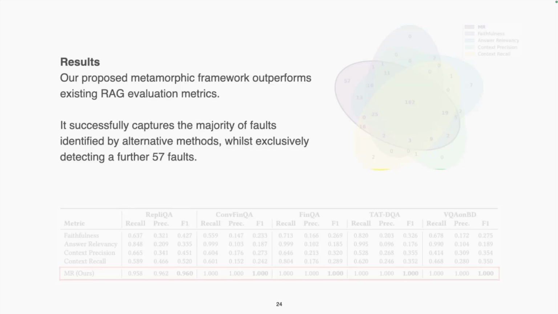Our metamorphic testing framework showed that, I don't remember the exact number, using the original test sets, about 10% of the mutants generated on this benchmark with this large language model and RAG system revealed real faults, meaning that the LLM was not behaving as intended.